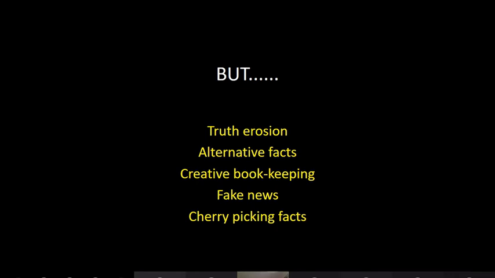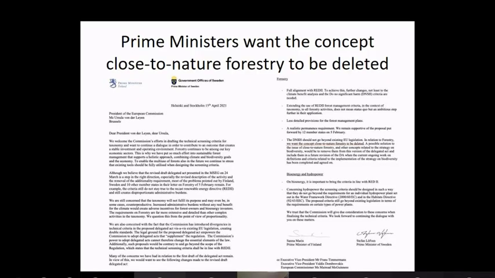And actually, this is an interesting letter written by the Swedish and Finnish prime ministers to the EU, where they want the concept of close to nature forestry to be deleted. So as a scientist, I feel that we need to have multiple forestry methods, and they have to be inspired by intact forest landscapes. But this is a terminology that our prime ministers do not like. I find this very upsetting.